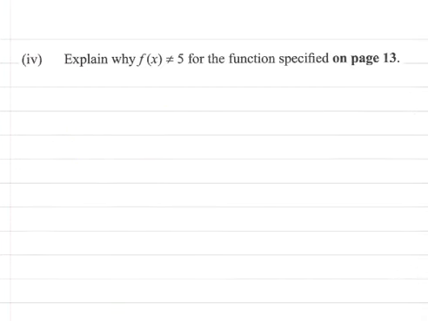I think this is the last part of the question. We're to explain why f(x) is not equal to 5 for the function specified on page 13. The function we're talking about is f(x) = 1/2 x - 3, and we're told that the domain A for this function is {1, 2, 3}.